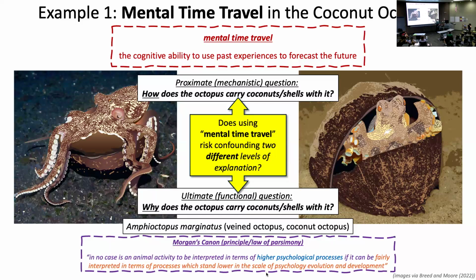All right, so I think Morgan would say in this case, if you can explain it with separate proximate and ultimate explanations, then do that. Whereas I think it's very tempting to think about something more cognitive going on inside this octopus. Octopuses are very intelligent. They do a lot of amazing things.